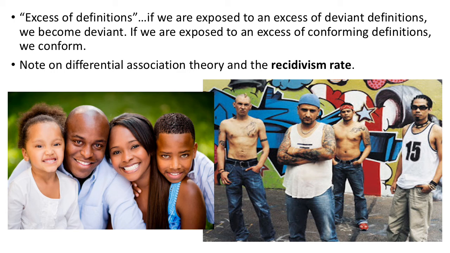All right, so where do we go next? Well, the last theory we're going to do in this part before we move on to labeling theory is control theory, which is another social learning theory.